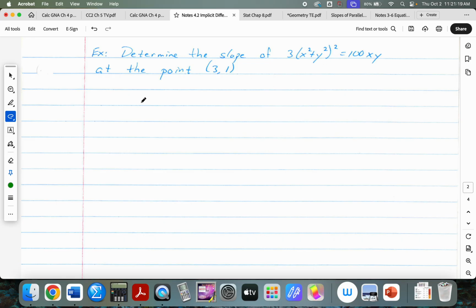So, on the left side, starting with the outer part, that'll be 6 times x squared plus y squared to the first times the derivative of x squared plus y squared with respect to x. So for the x squared, that's 2x. For the y squared, that'll be 2y times dy dx.